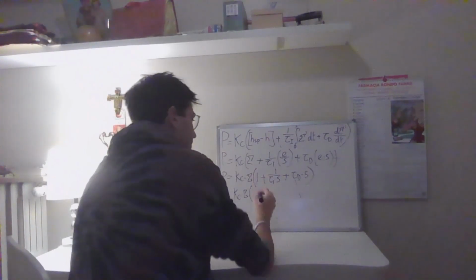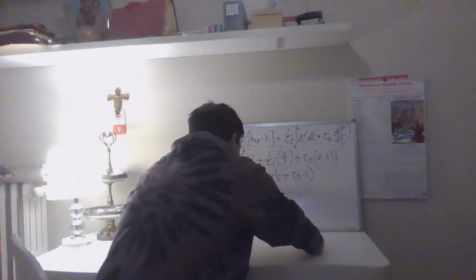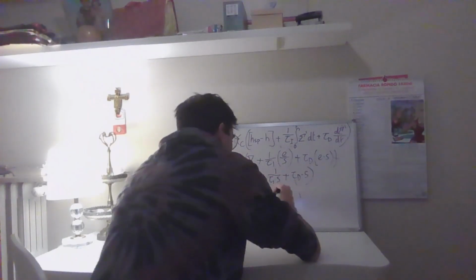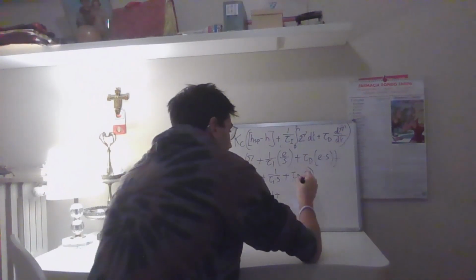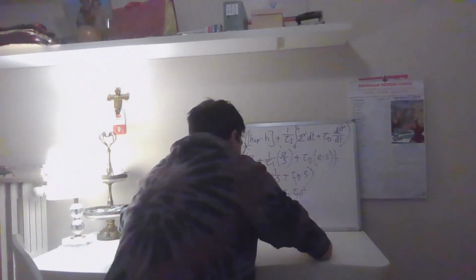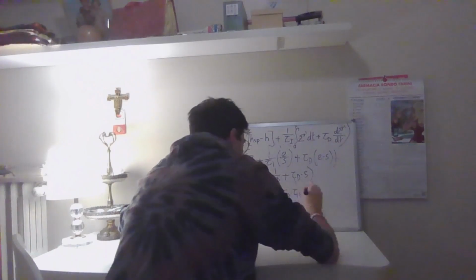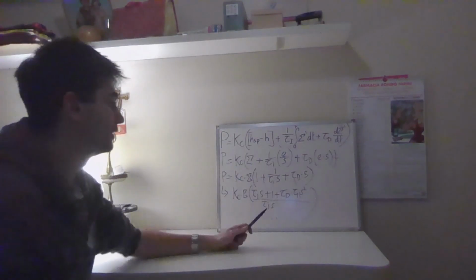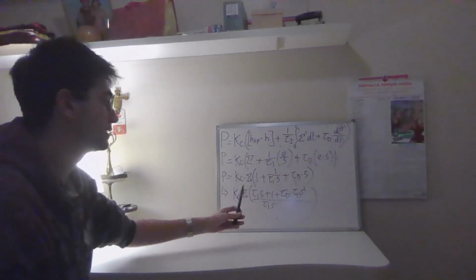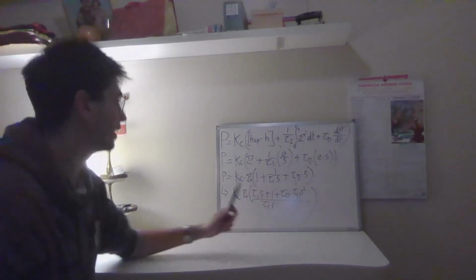Then now this becomes tau I S plus 1 plus tau d s squared multiplied by tau d I, right? Tau d multiplied by tau I multiplied by s squared. And all that is all over tau I times s, right? So there we have our expression. As you can see now, we have it all in terms of s squared, s, and no s. So we can go ahead and kind of clean this up.